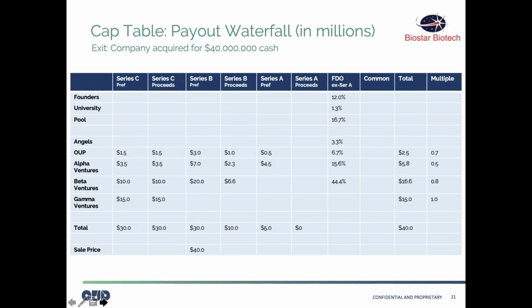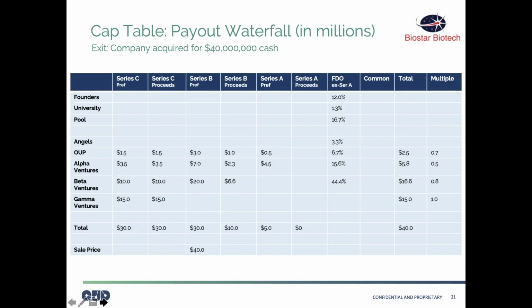So if you look at the total payouts between the Series C and Series B proceeds, OUP, we don't get back our investment, we get back 0.7. Alpha gets back 0.5. Beta gets back 0.8, and Gamma gets their money back. So they get their whole 15 back, which is the purpose of a liquidation preference. And then the university, the founders, and management team get 0.